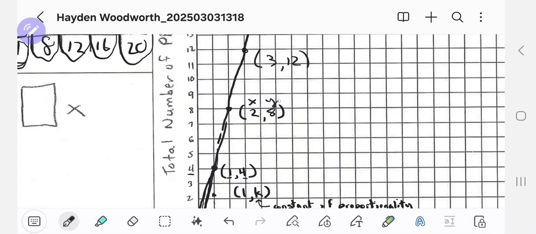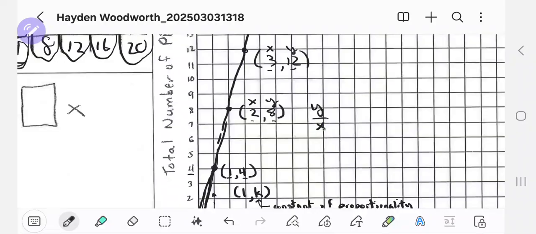This is your x and your y. This is your x and your y. First of all, you can just say, that's 8 points in 2 days, and 12 points in 3 days. If you find the unit rate, how many points is that per day for each? 4 points per day.